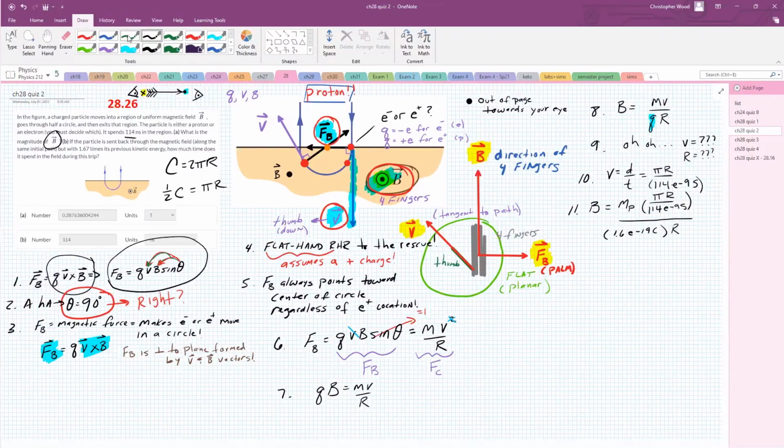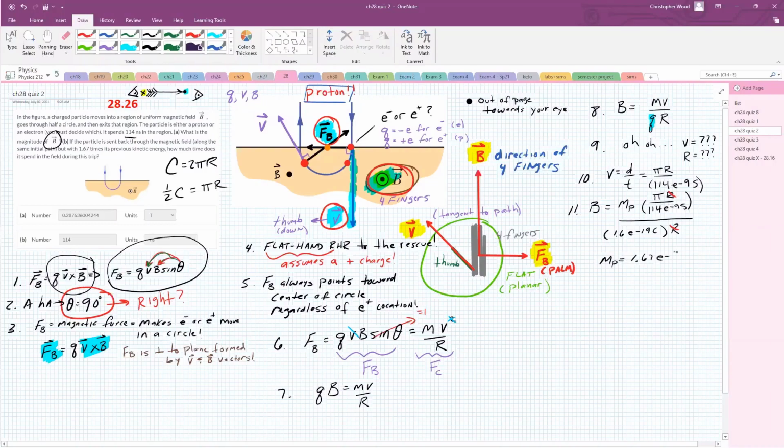QR, you can see the R's cancel. This R cancels with the one upstairs. So I don't know R, but the good news is I guess I don't need it. I know the mass of a proton is equal to 1.67 times 10 to the minus 27th kilograms.